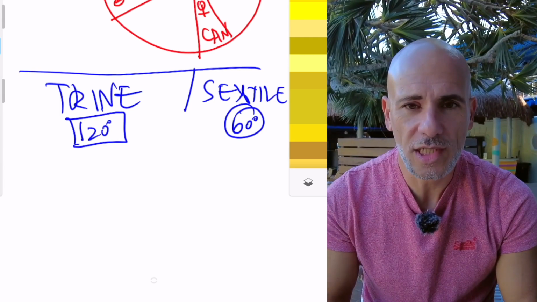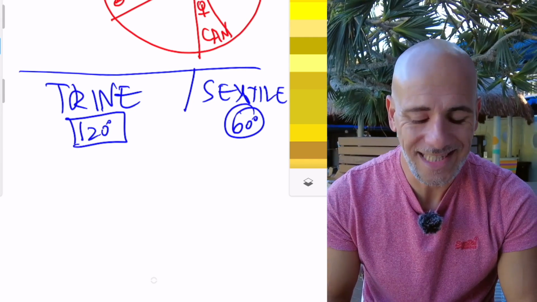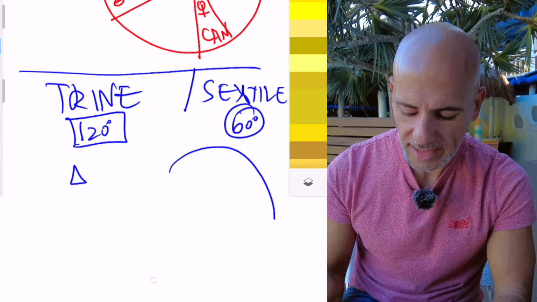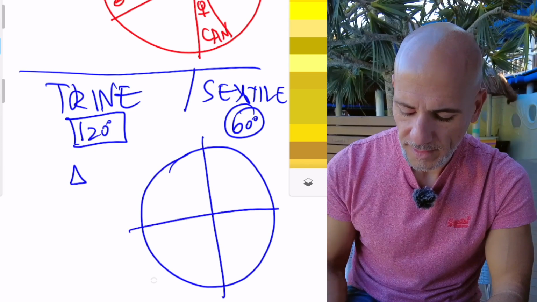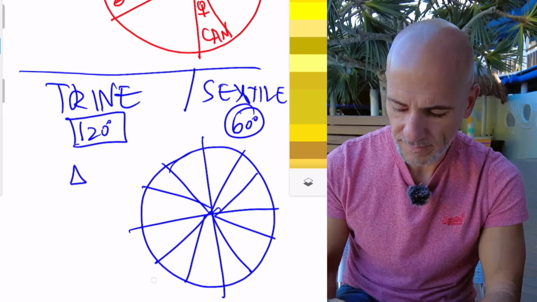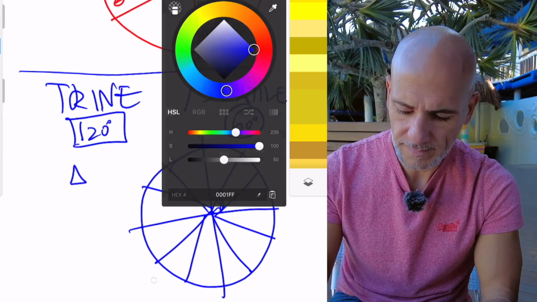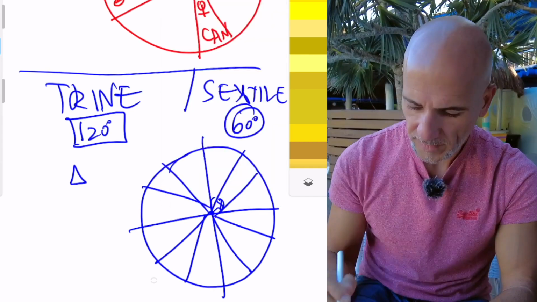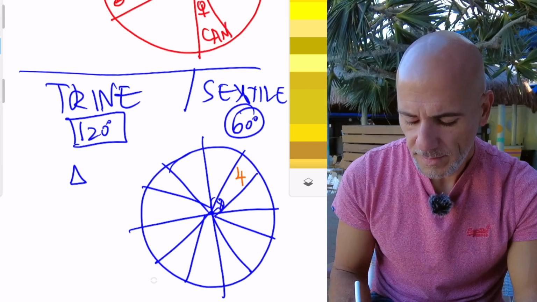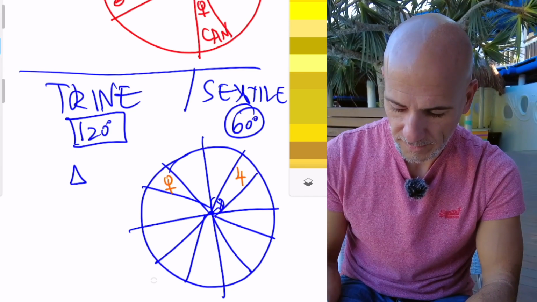For now, I'm going to focus on the trine and draw it the same way, and this will be a triangle. So let's take an example. If we have in the 8th house Jupiter, and Jupiter is doing a trine with Venus.